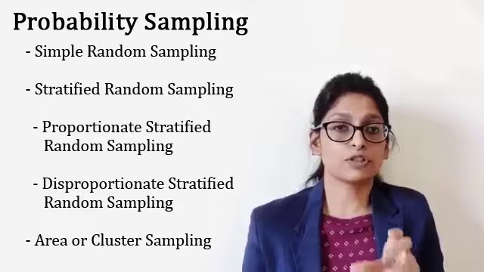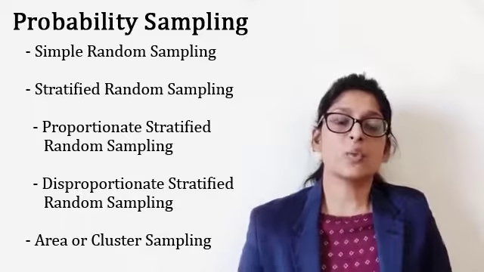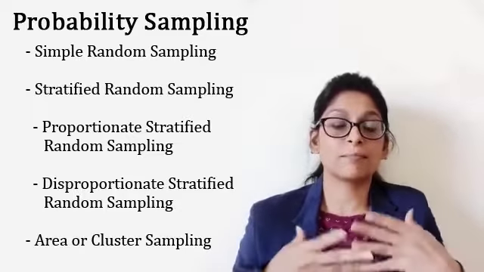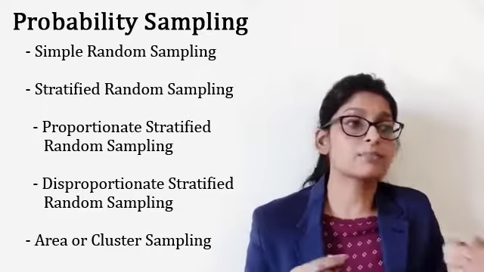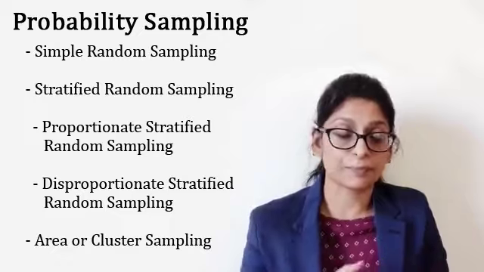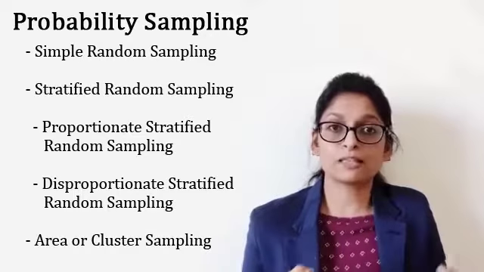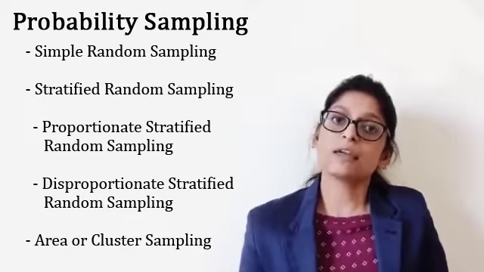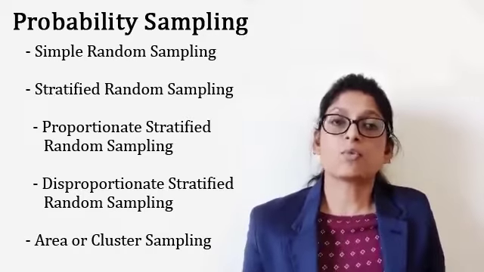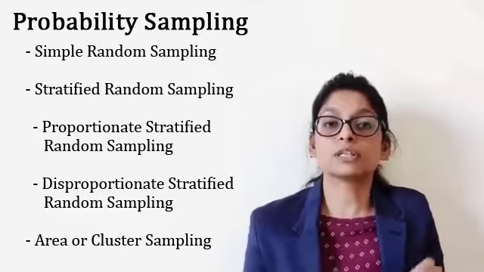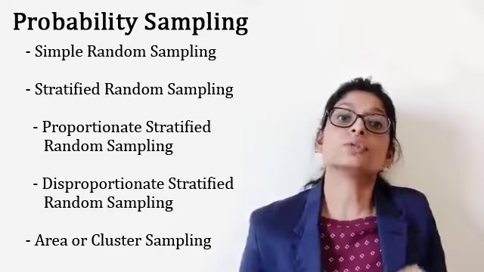Then we'll probably take the map of India and randomly pick states or, even better, randomly pick cities. And once we have picked those random cities, whichever schools are there in those cities, we'll include the students of those schools in the sample.